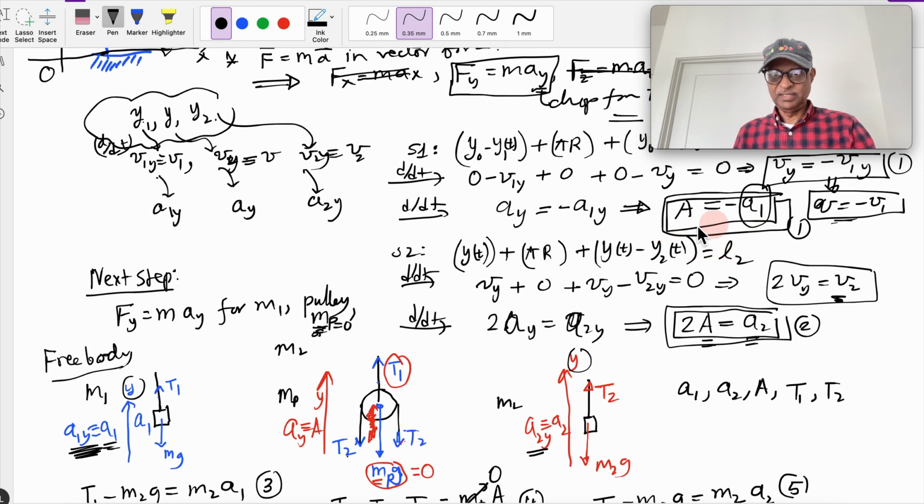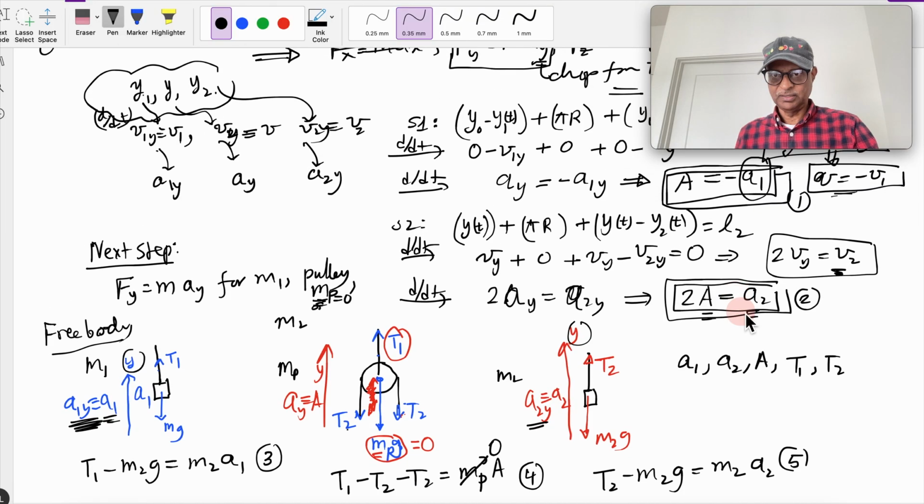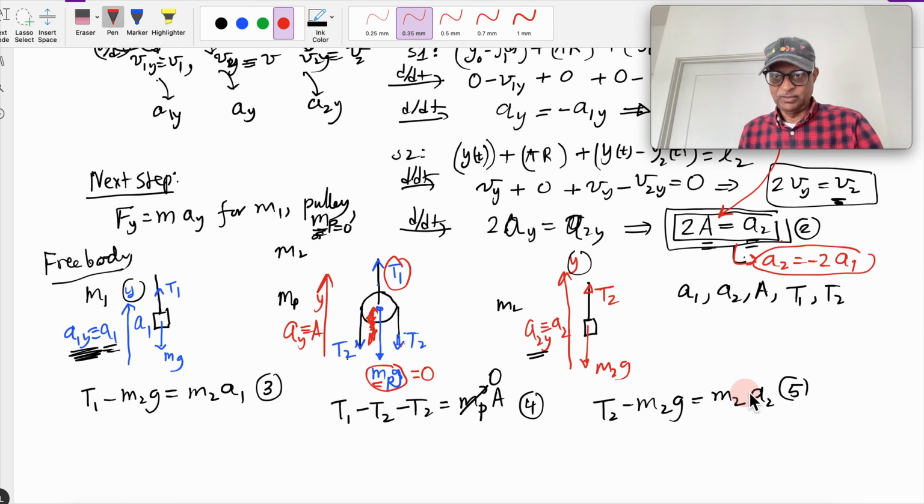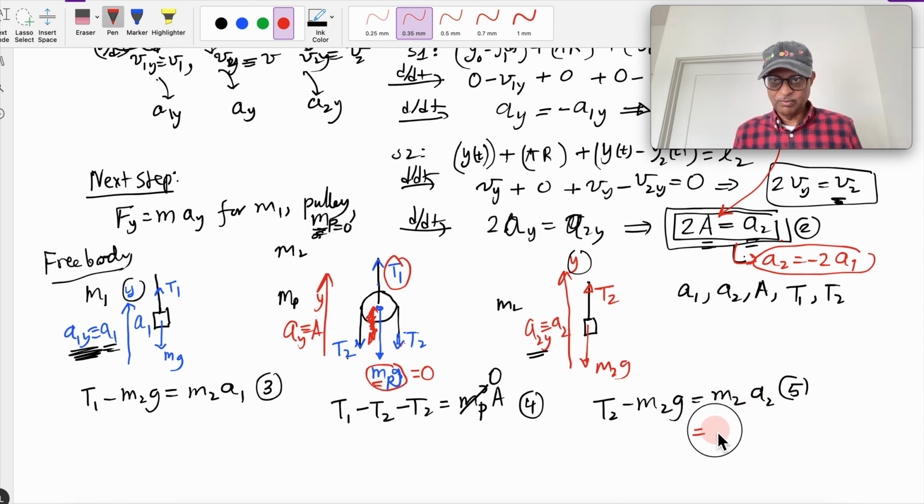So clearly we didn't need that except for here. So let me write down using 1. See, in these equations, capital A didn't come up, but this A is minus A1. So A2 equals minus 2A1. So from 1 inside here gives me this, and so this will become minus 2 M2 A1.